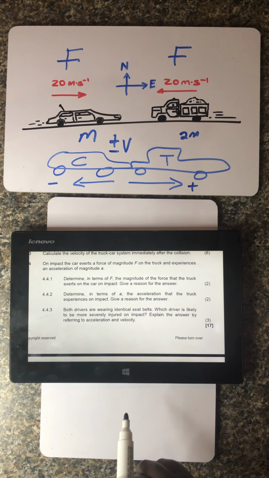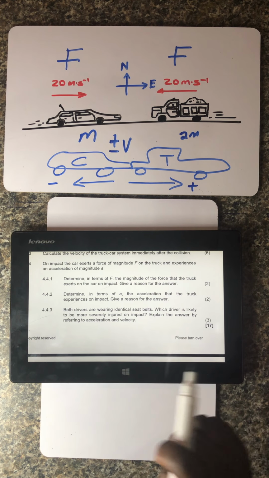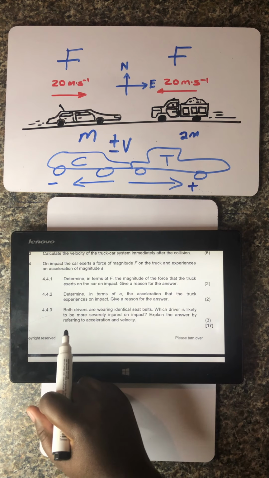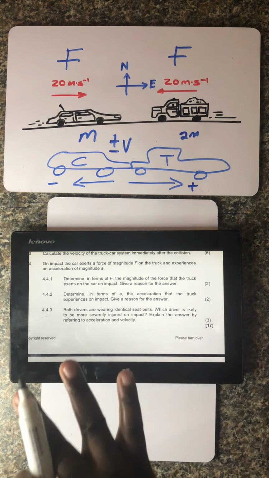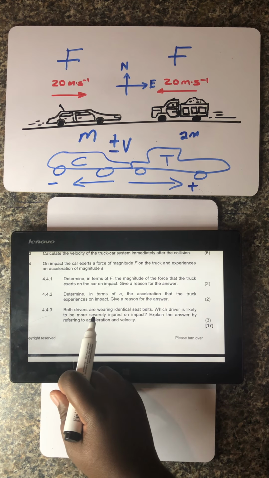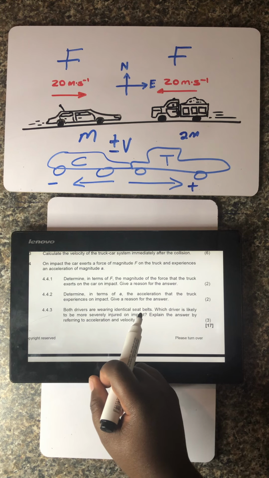Ladies and gentlemen, you can easily notice where you're going to score your marks. You've got three things to comment on. Both drivers are wearing identical seat belts.